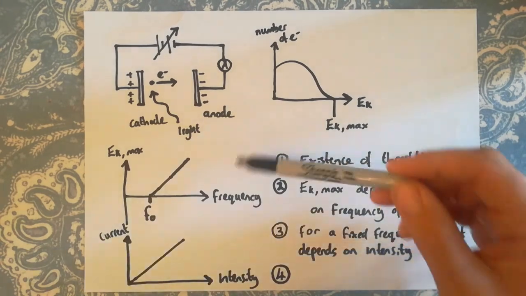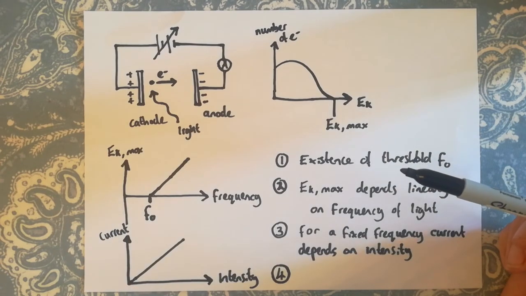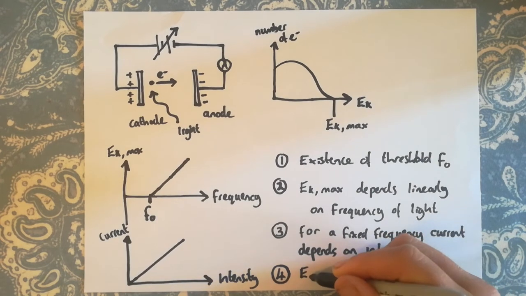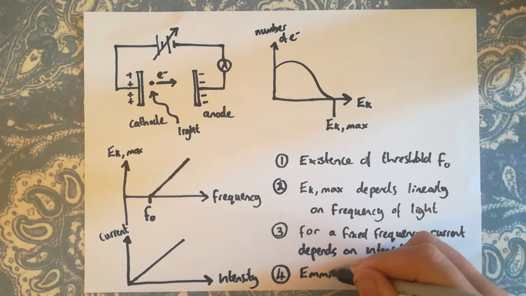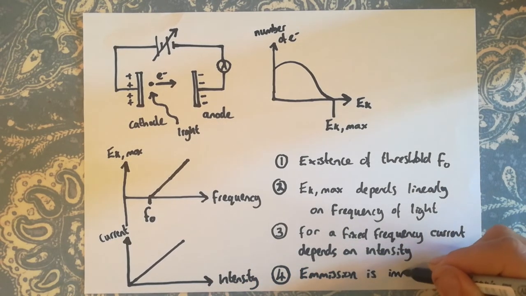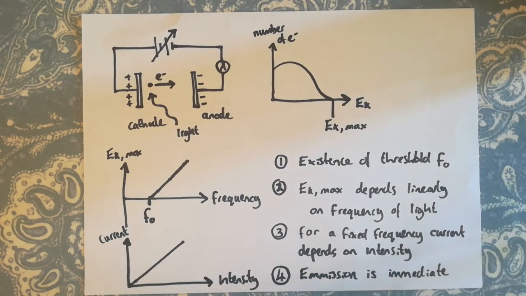It's also true regardless of what the frequency or the color of the light is. So the fourth observation we can summarize as the emission is immediate. There's no time delay between turning on the light and essentially observing the electrons being emitted from the cathode.